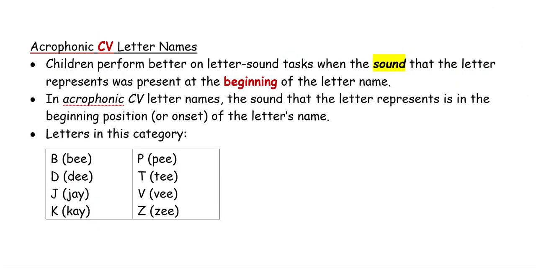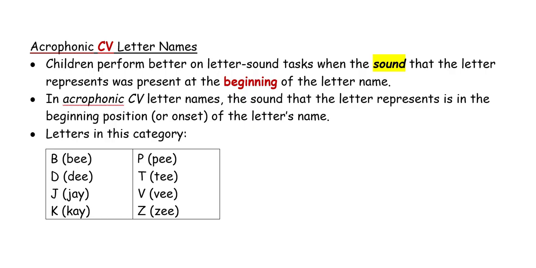Looking at acrophonic CV letter names, research has shown that children perform better on letter sound tasks when the sound that the letter represents was present at the beginning of the letter name. In acrophonic CV letter names, the sound that the letter represents is in the beginning position, or onset, of the letter name.